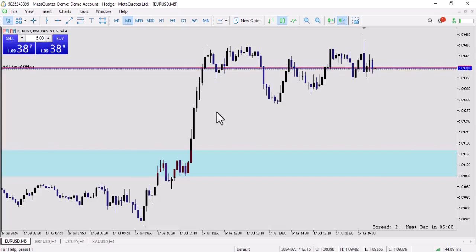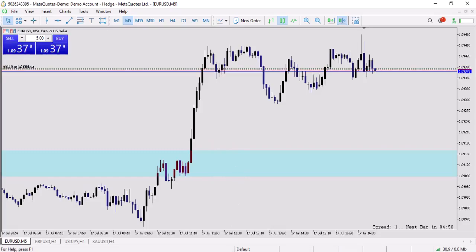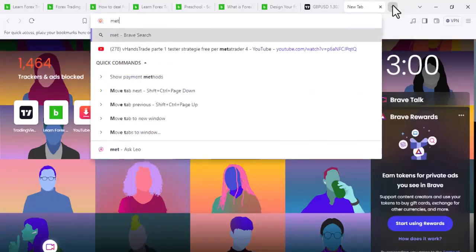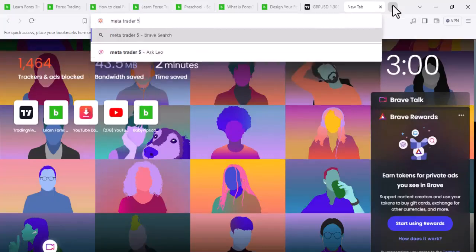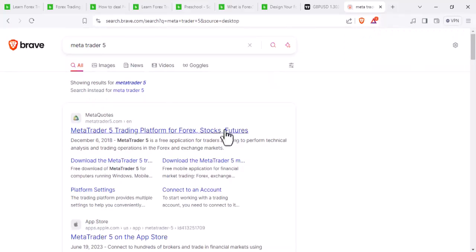So go to MetaTrader, or just type MT4 or MT5 rather on Google, and then download MetaTrader. Let's just do that real quick. Let's go to Google and type in MetaTrader 5. So here we are.